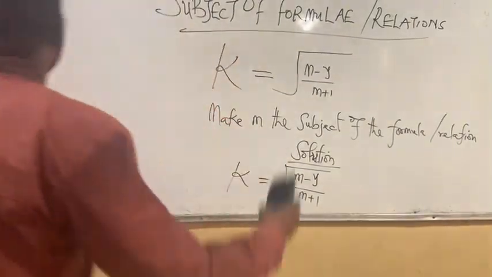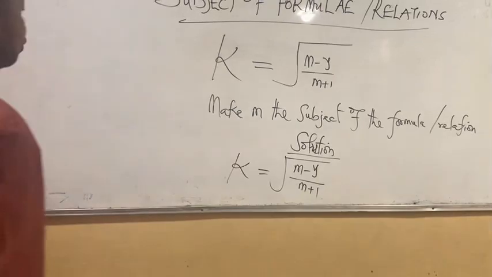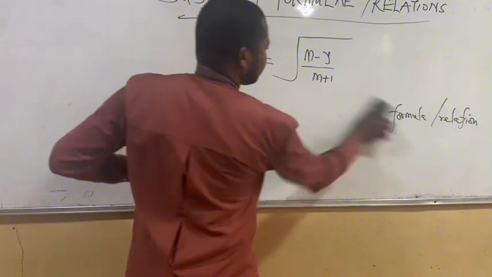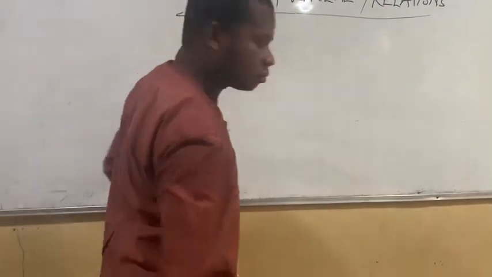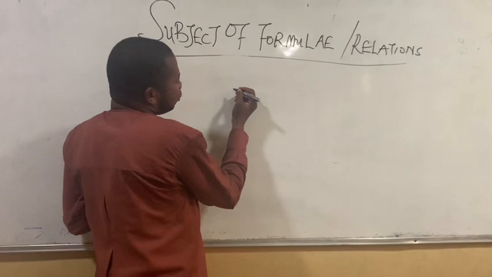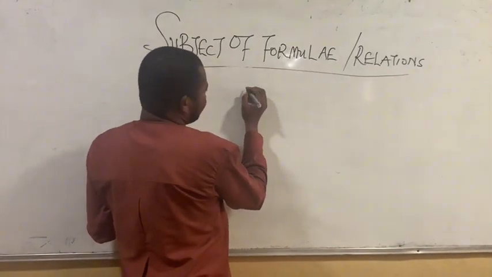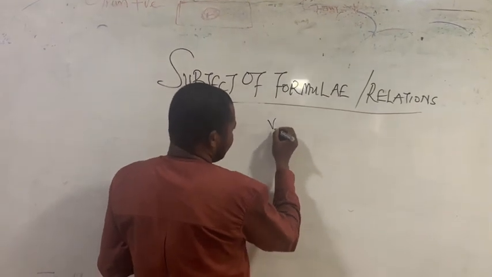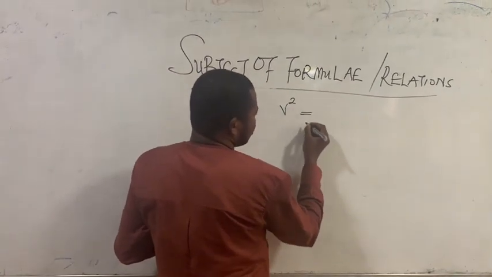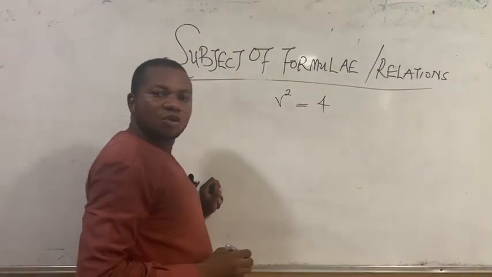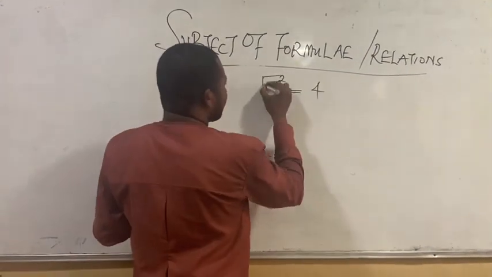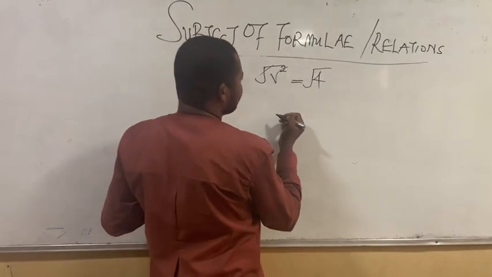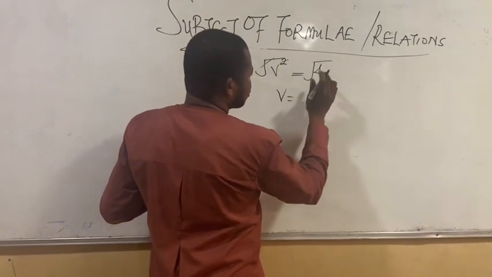We know in our fundamental algebra, let's say v squared is equal to 4. For us to get our v, we're going to take the square root of both sides of the equation, meaning that this square will cancel out this root. So we are left with v is equal to the square root of 4.